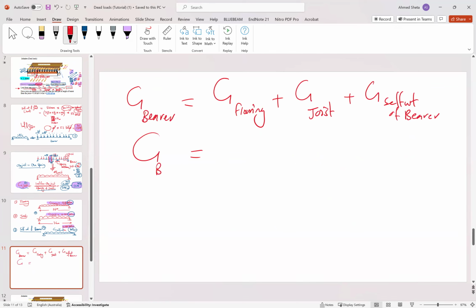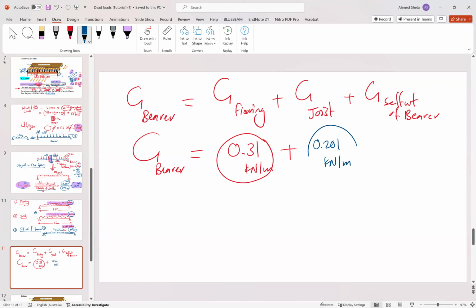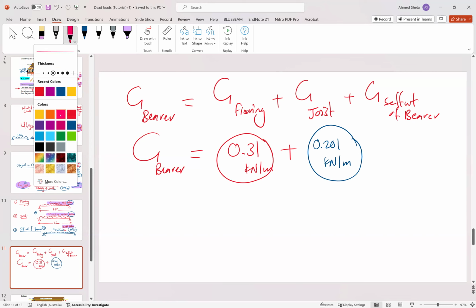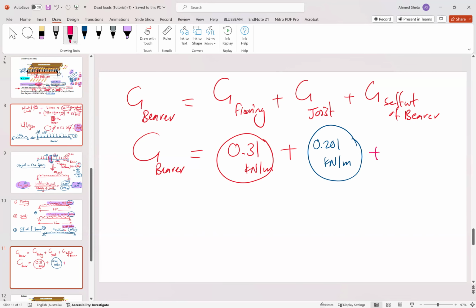So the G total will be the summation of these three components, which is 0.31 kilonewton per meter, and the second one is 0.201 kilonewton per meter. And the third one is 0.086 kilonewton per meter. So this is flooring, this is joist, and this is bearer.